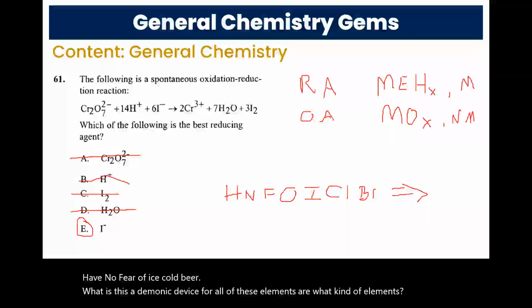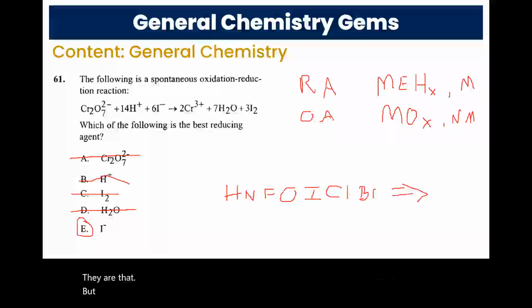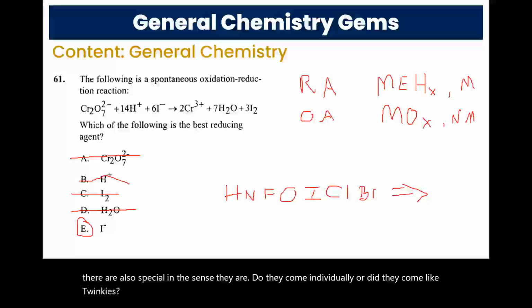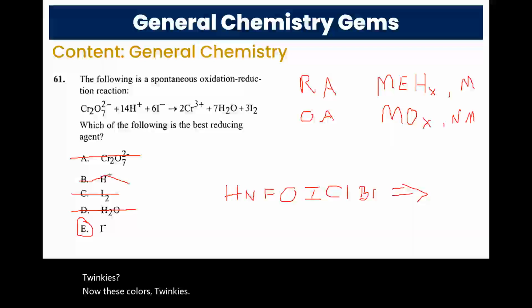Electronegative. They are that, but they're also special. Do they come individually or do they come like Twinkies? These come as Twinkies. These are all the diatomics: H2, N2, F2, O2, I2, Cl2, Br2.